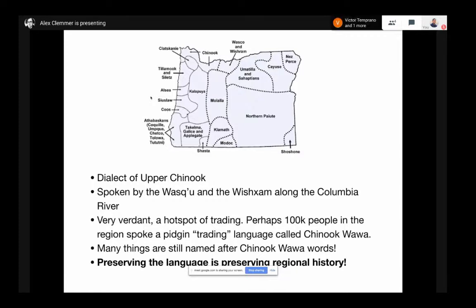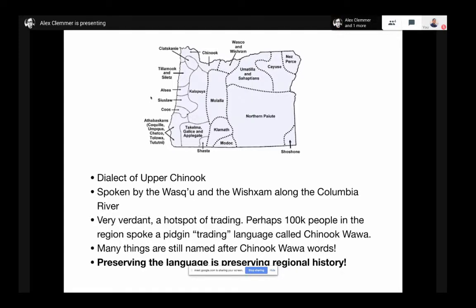Skookumchuck is a Chinook word that means mighty. And if you go north, I was driving around in mid-British Columbia at some point, and I noticed a river with the exact same name, except it was actually really big. You'll see lots of things that are derived from this trading language that pervaded everything.